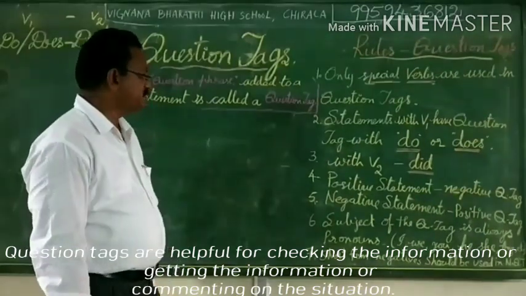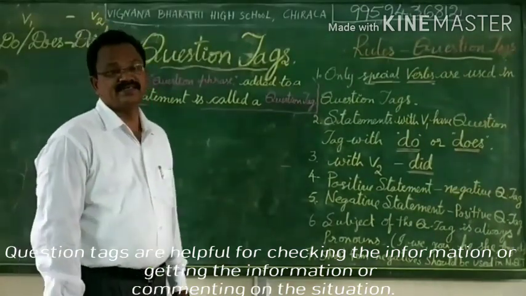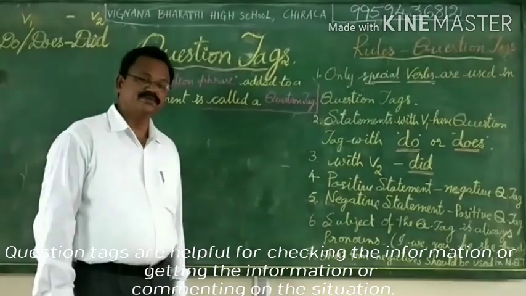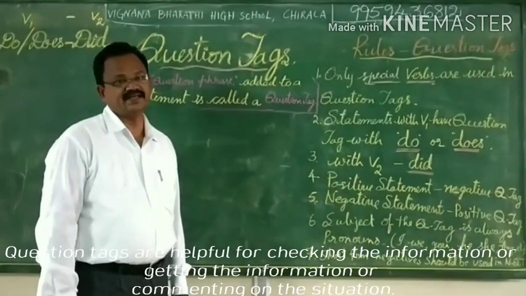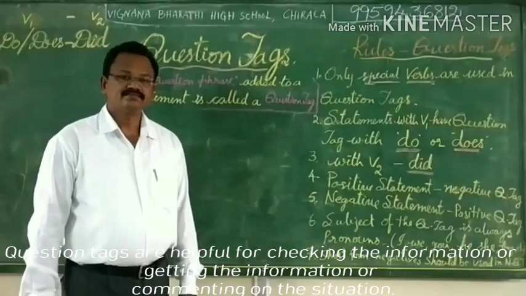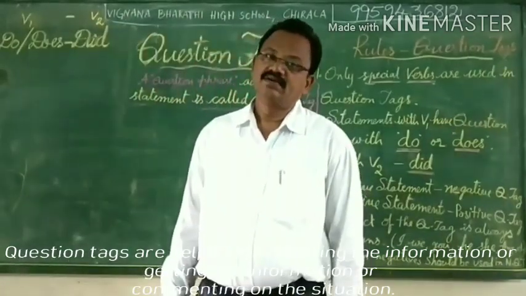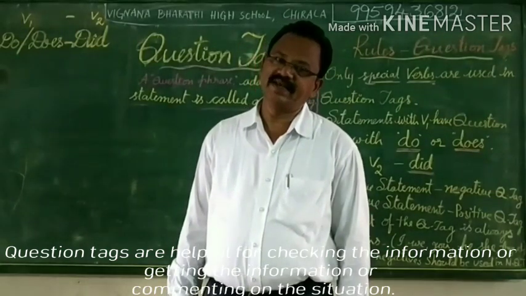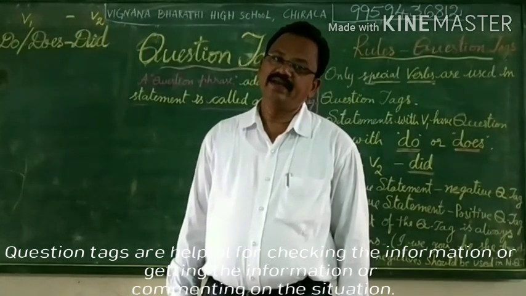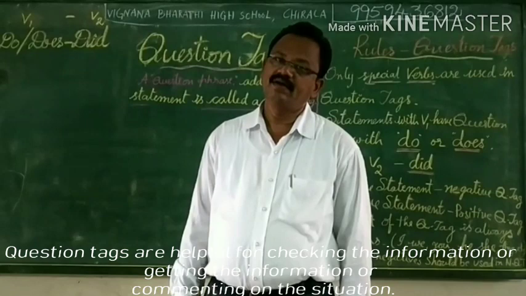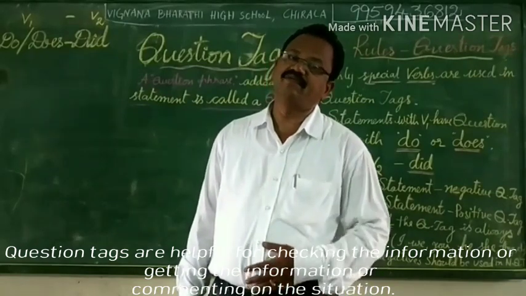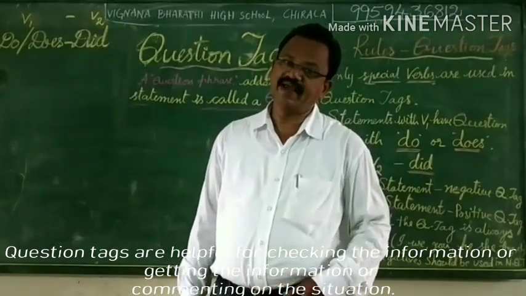I already explained some sentences with special verbs or auxiliary verbs. Today we are going to start with main verbs present in the sentence, and we need to find out the main verb and make such changes to frame it to add a question tag.